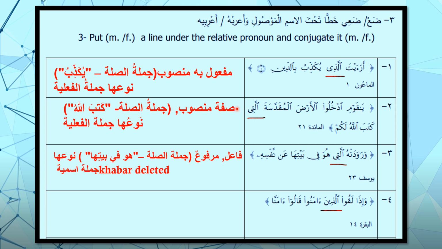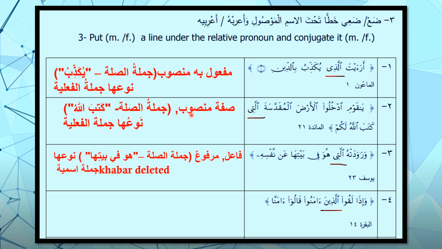Whenever the ism mausool comes after a noun, this is the trick: if you see a noun before the ism mausool, definitely this ism mausool is in sifa position. And for the i'rab of sifa, you will see the i'rab of the noun. So if this is in mansub, the allati will also be in mansub position.